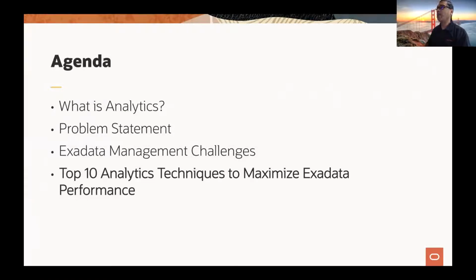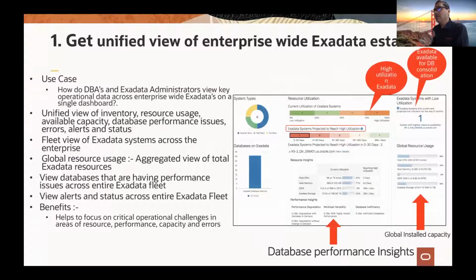So here are the top 10 techniques basically. First, get a unified view of your enterprise-wide Exadata estate. So when I say a unified view, you should have a single dashboard, or an application, where you first get your inventory, the current resource usage, your available capacity, and any databases that may have performance issues, errors, alerts, and the status of each of your Exadatas at any given point of time and in an automated fashion.